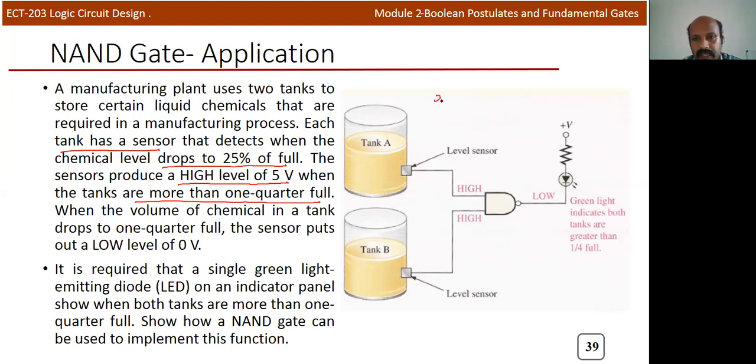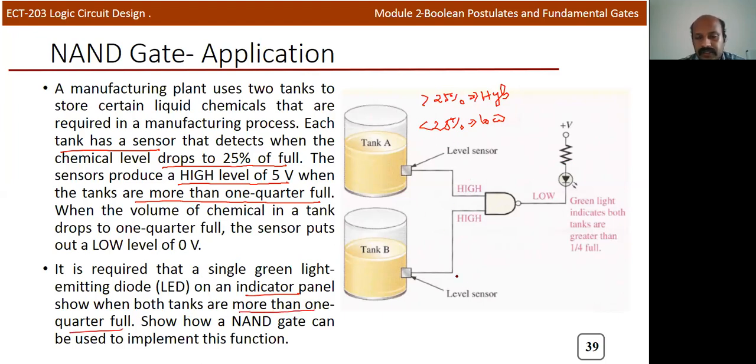So when the tank contains more than 25 percent, we get a high. When it is less than 25 percent, it produces a low. That's the condition, and it is required that a single green LED indicates when both tanks are more than 1/4 full. We need such a logic.